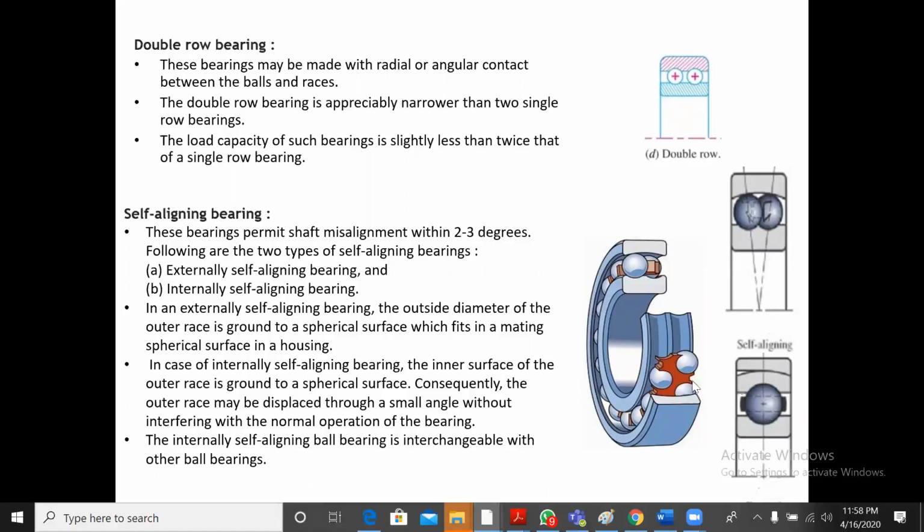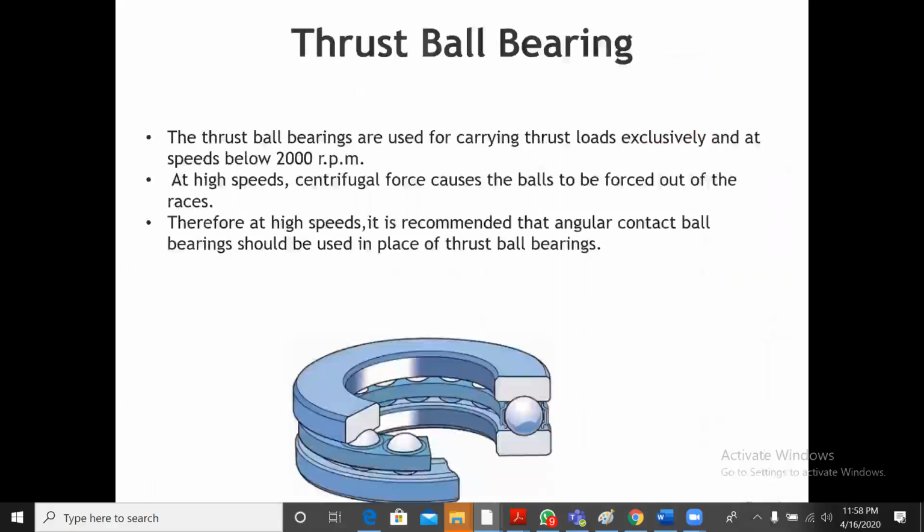Okay, so the next type of bearing is the thrust ball bearing. As you have seen, in radial ball bearings the ball is taking the load along the radius of the races.